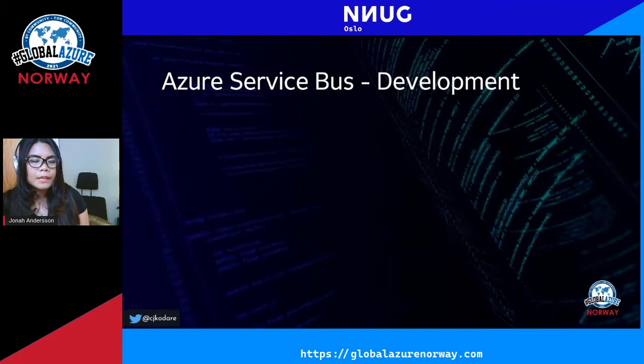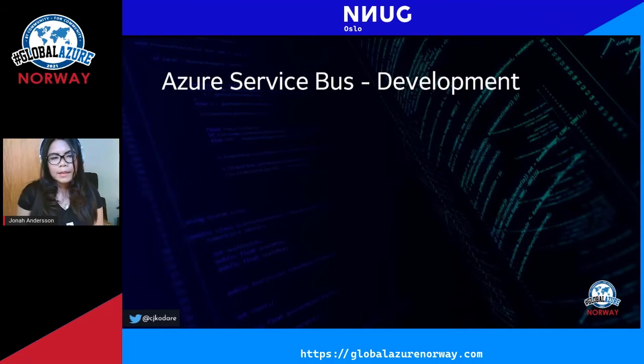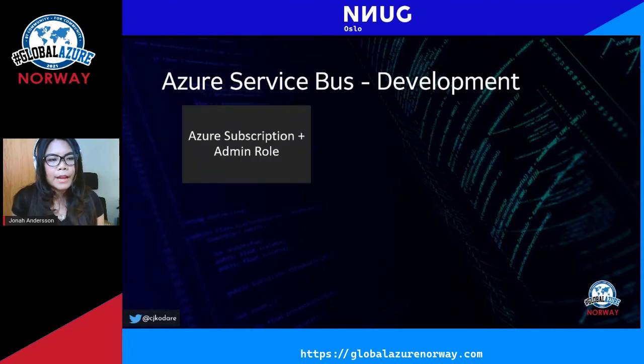So next is development. If you want to get started in developing with Azure Service Bus, you would need to have an Azure subscription and an admin role for that.